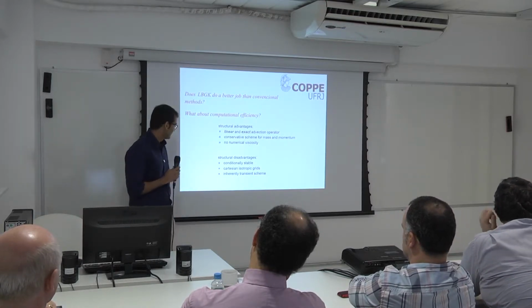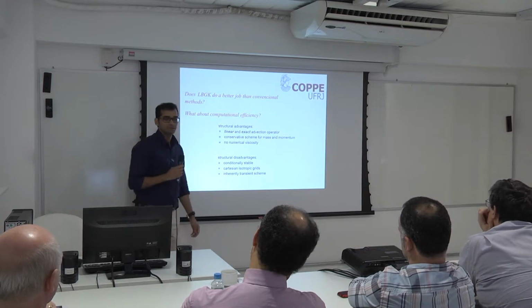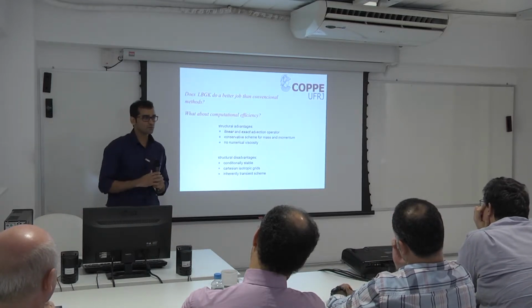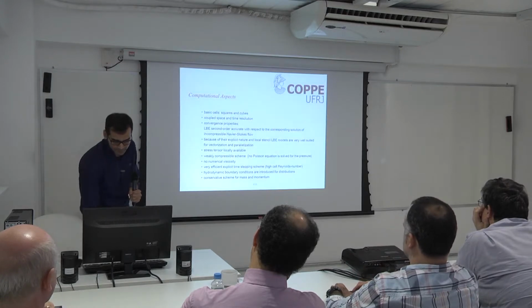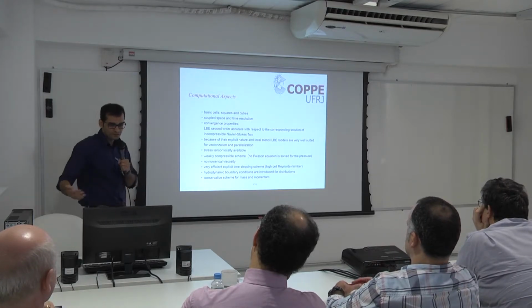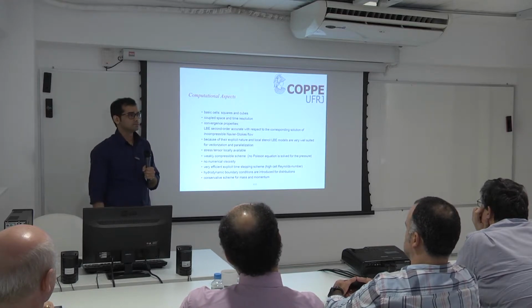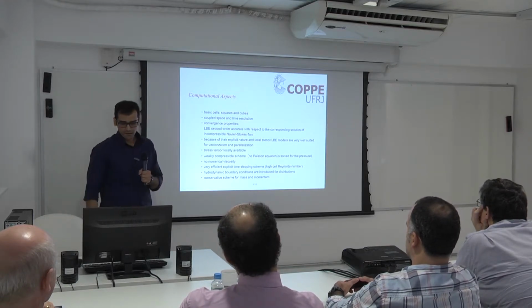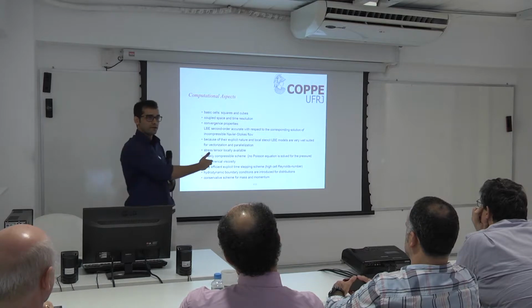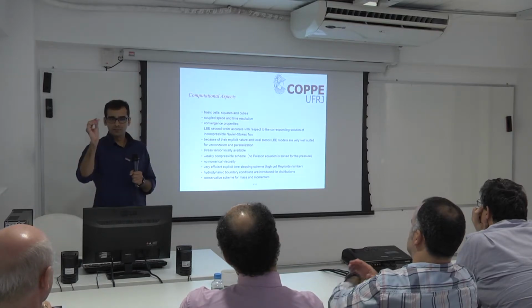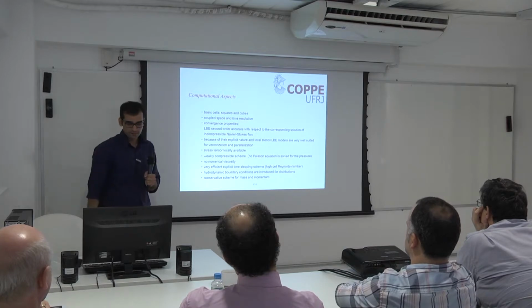Unfortunately, that's true. Inherently transient scheme. I would say why this is true and why it's a huge problem for Lattice-Boltzmann cases. So the computational aspects are basic cells, squares and cubes. We will see later. Coupled space and time resolution, that I talked about, about the Mach number, about the space and the time intervals.